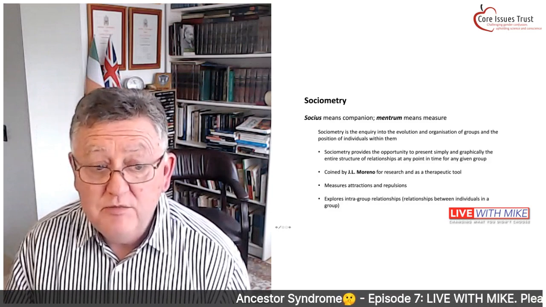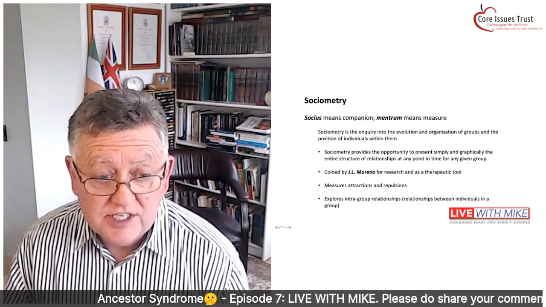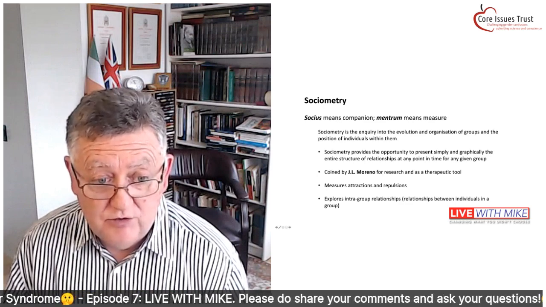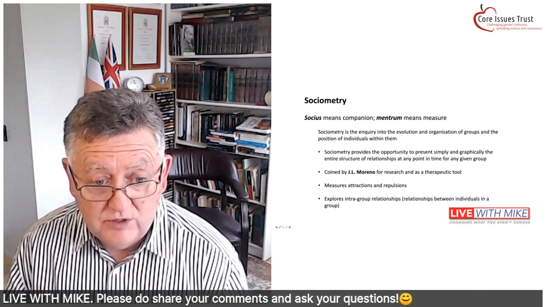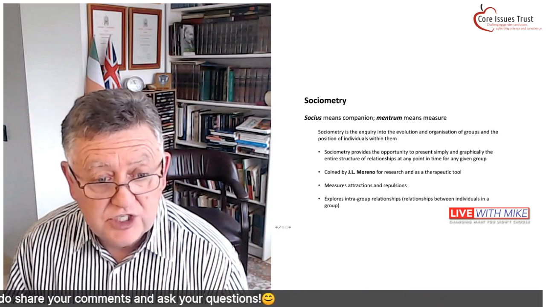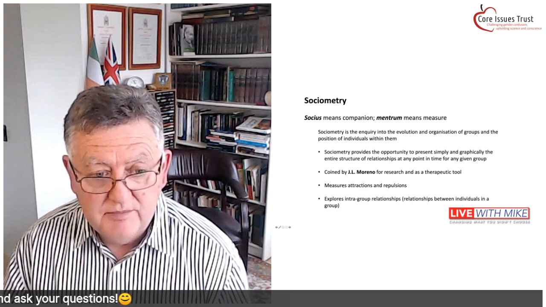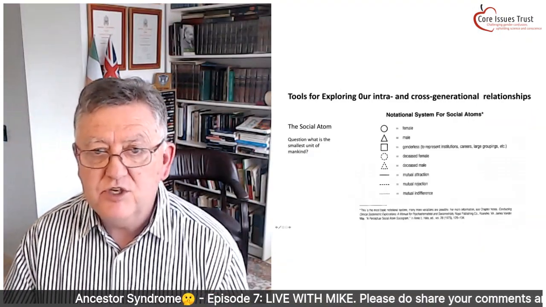So one more tool that I just want to share with you, and then I will bring this to a conclusion and make a bit of a summary, has to do with how we develop the social atom.